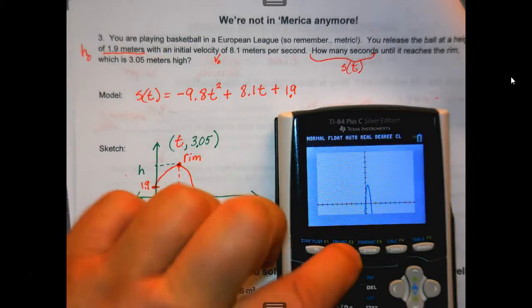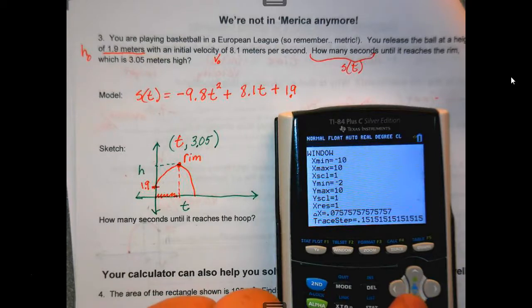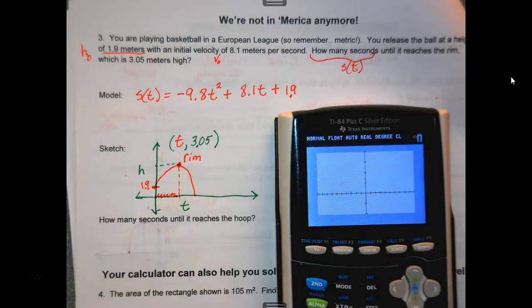Okay, back to my window. My y max, I'm going to set at 4. And now let's look at our graph. That's pretty good. I wouldn't mind stretching this out. I only need my x max to go to, looks like 1 or 2 here.